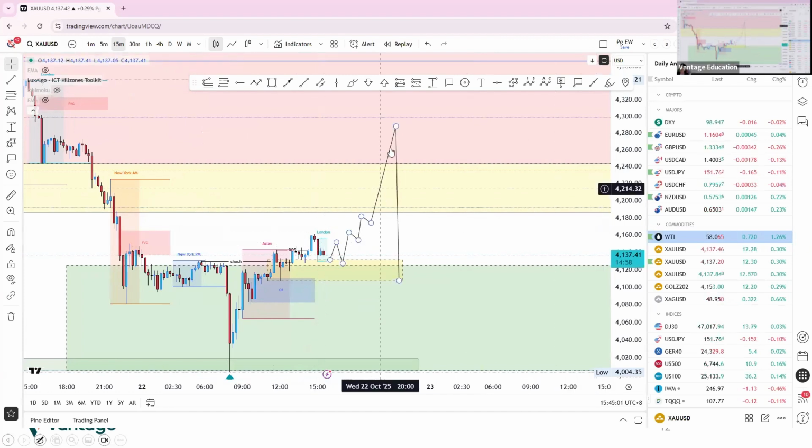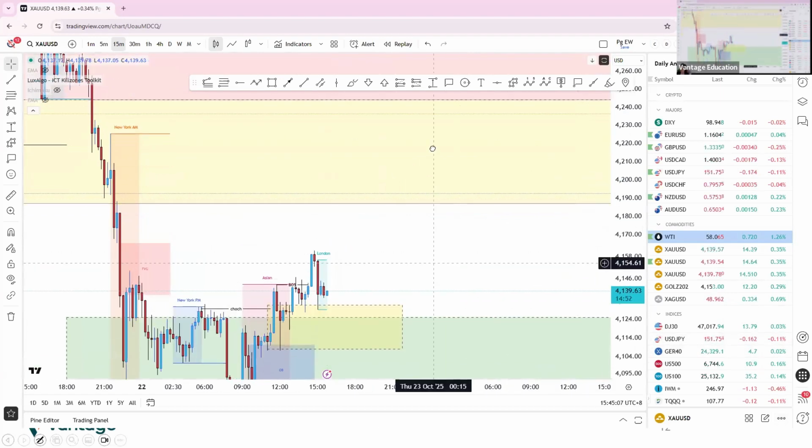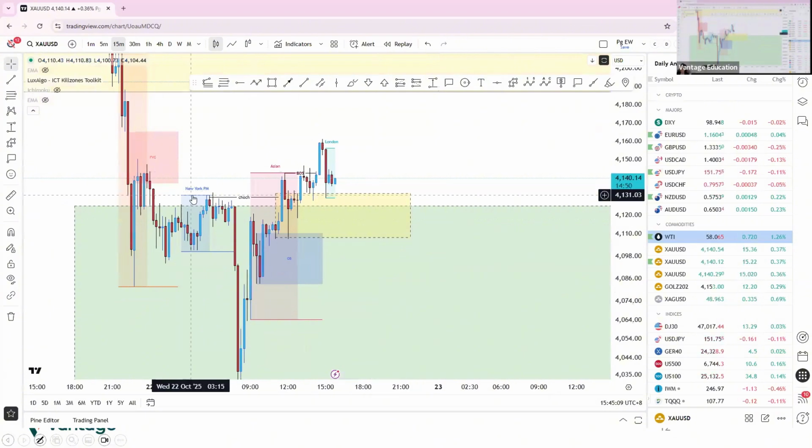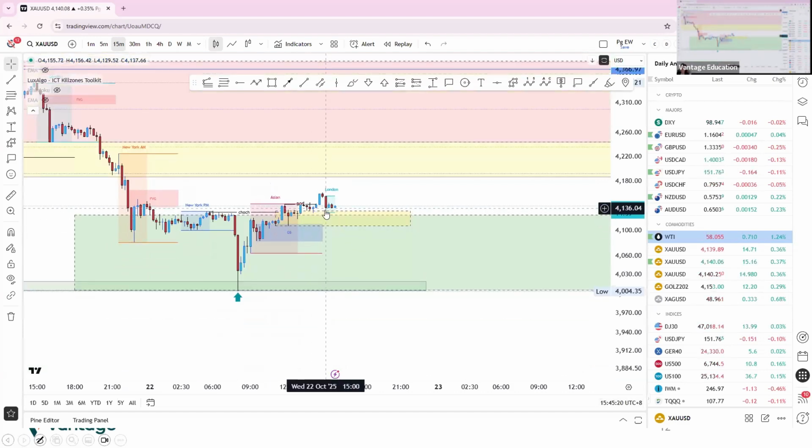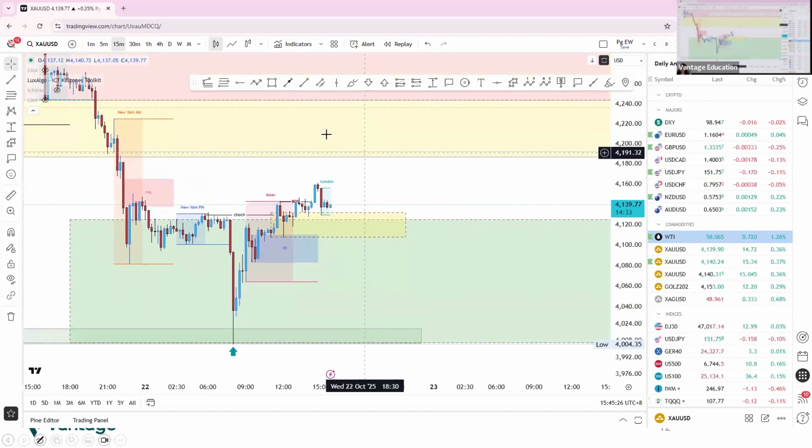Okay, the London pre-market is open already. This is London. The New York PM and Asia made a close above the New York and Asia session. The London is here. So we look for the buy entry, and then we see whether price is going to rise back, I mean rising to this level, and then we look for the sell entry right there.